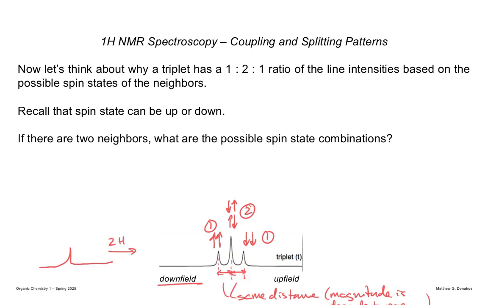So look at my hands. If these are 2 hydrogens, the angle between them now is 0. If I rotate, it's 90. For every angle, the magnitude of those distances changes in the signal you see. The reason for that is how that information of spin is communicated.